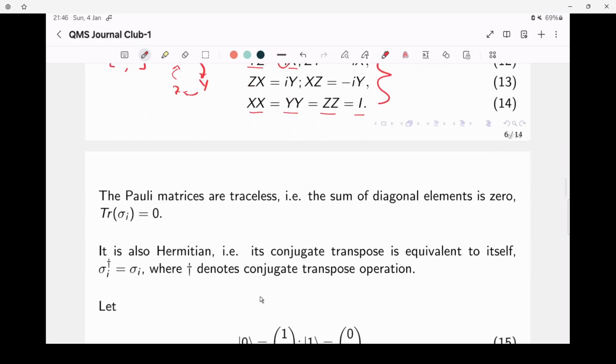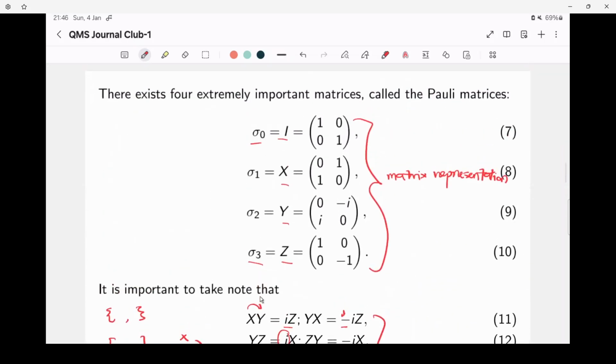So Pauli matrices are traceless. Traceless means that when you sum the diagonal elements, they are equal to 0. Of course, when I say that, sigma 0 does not count. You only look at sigma 1, sigma 2, and sigma 3.